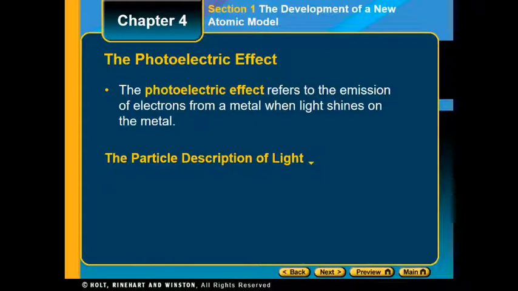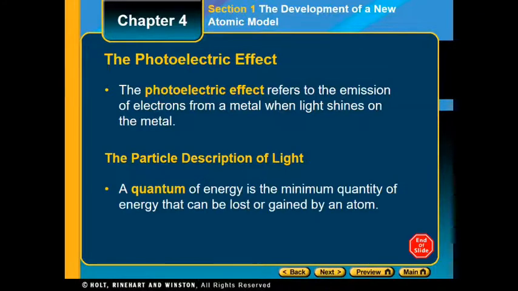And the particle description of light. So this whole section up till this point, we have talked about light acting as a wave. Now we're going to look at light acting as a particle. And the word quantum refers to a minimum amount of energy that can be lost or gained by an atom.